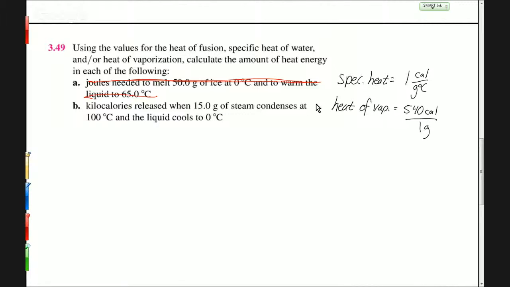Simple question. When you do the cooling or freezing, do you use a negative number? No. Well, you can. It doesn't really matter because of how the question's worded. It's worded kilocalories released, so that's kind of like saying the opposite.